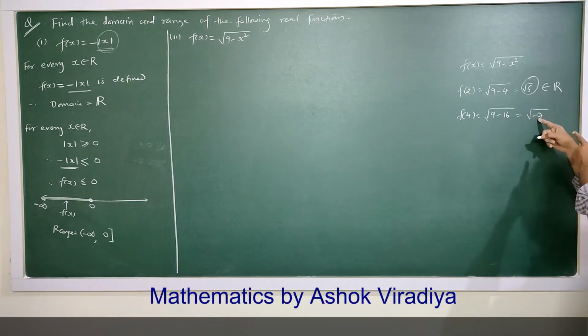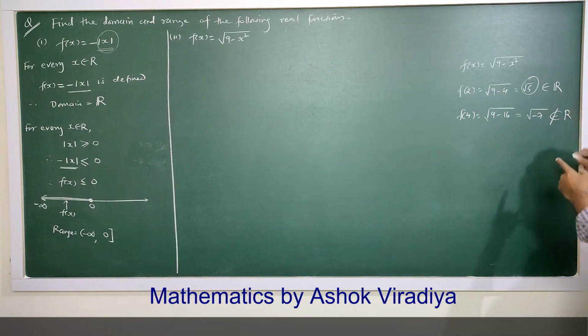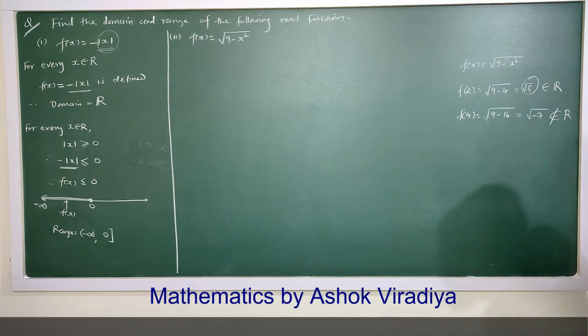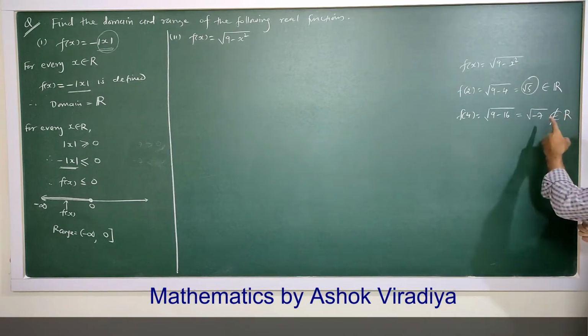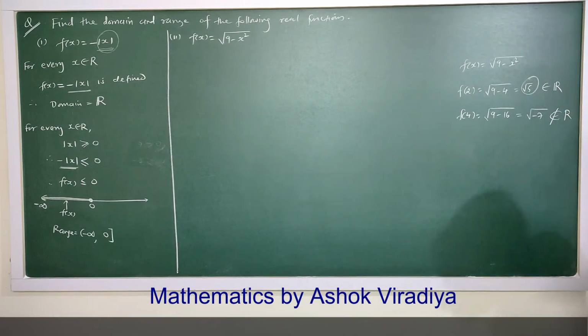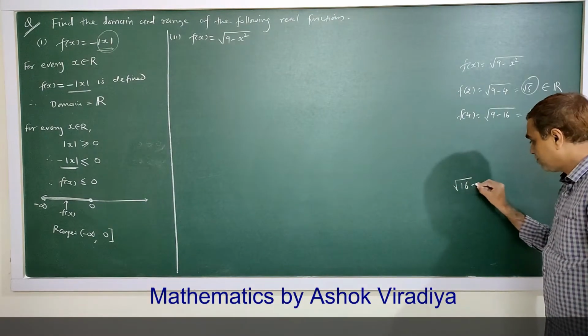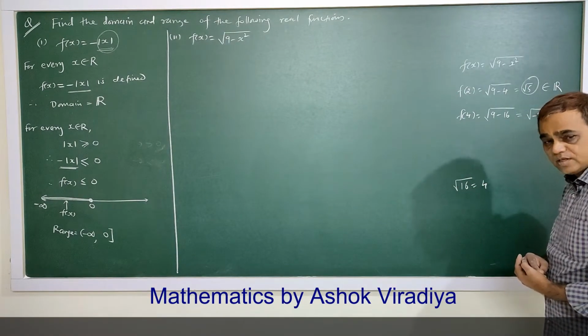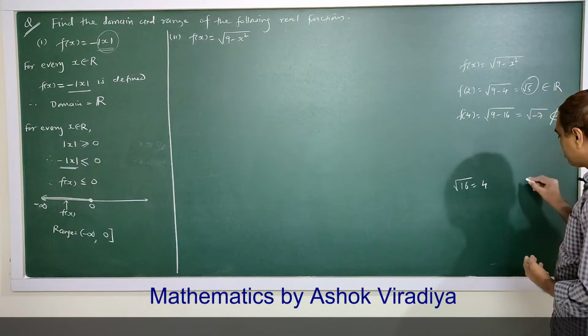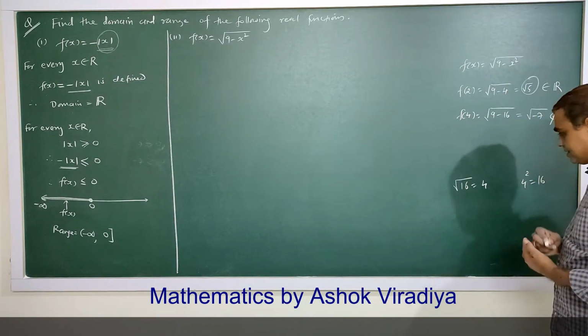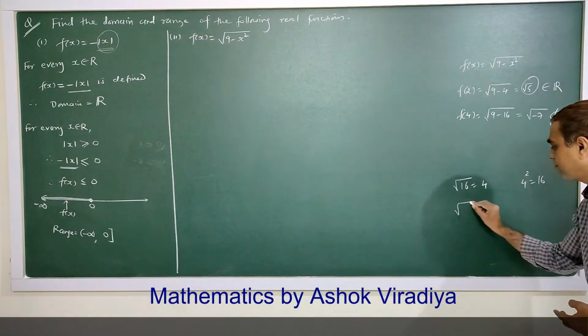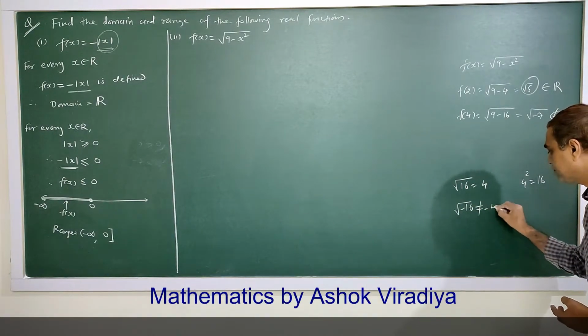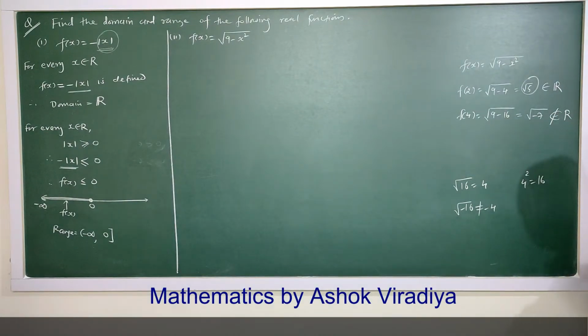Square root of minus 7 is not in R. Square root of a positive number is only defined. Square root of a negative is not defined. Always remember, square root of 16 is 4 because 4 square is 16, but square root of minus 16 is not minus 4 because minus 4 square is not equal to minus 16.